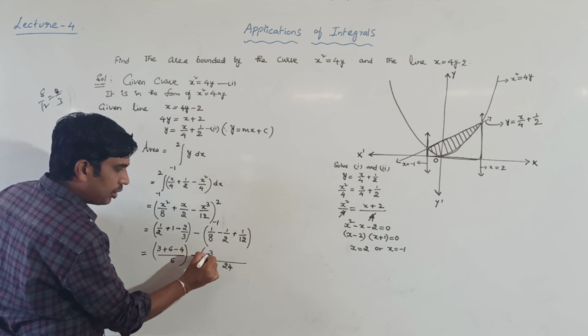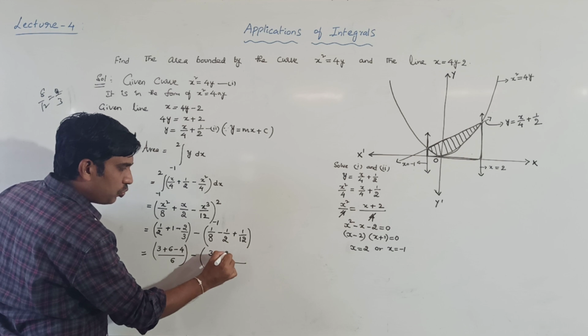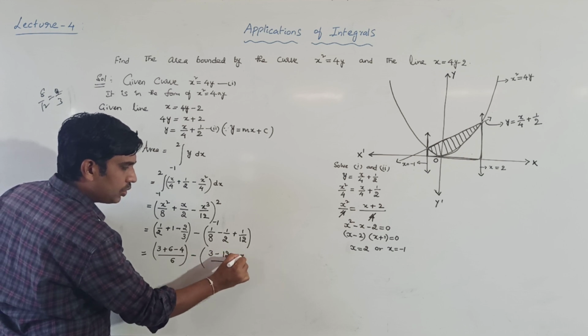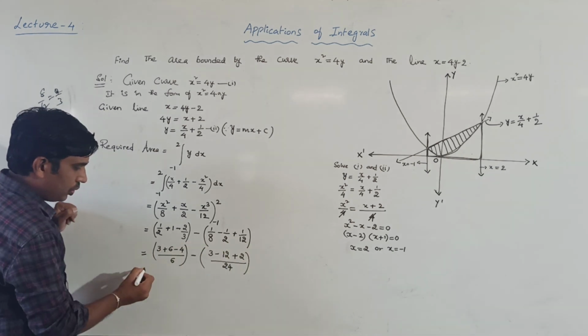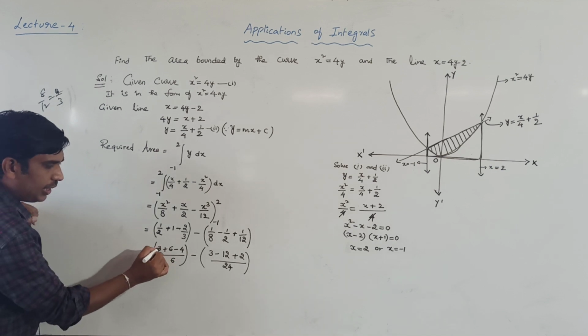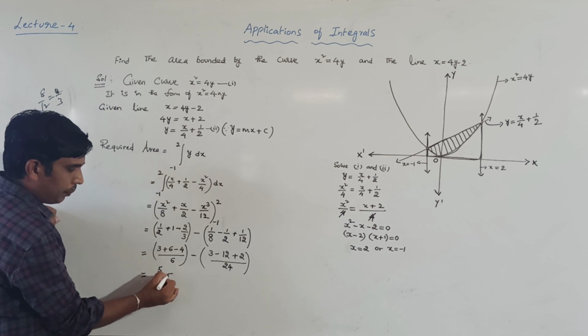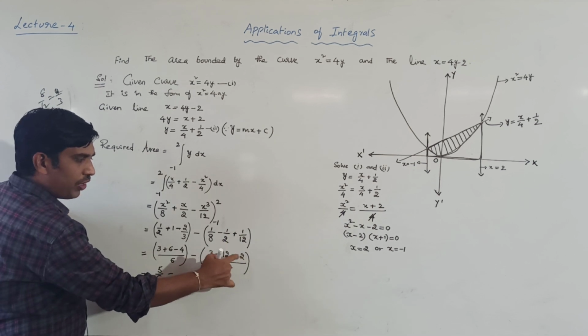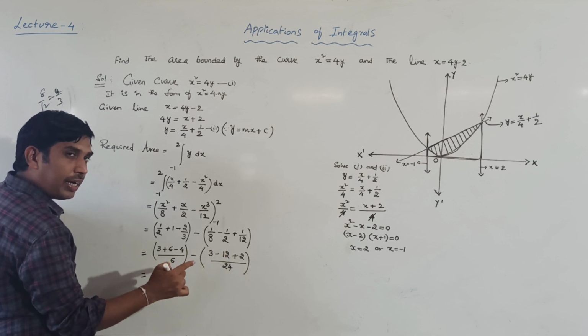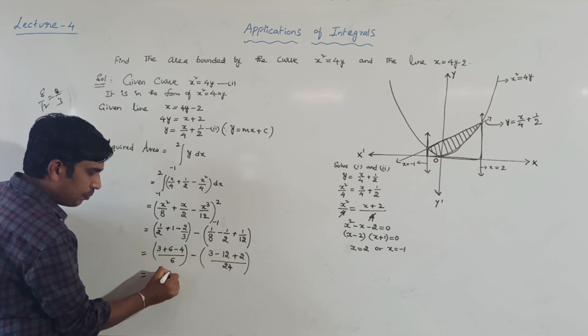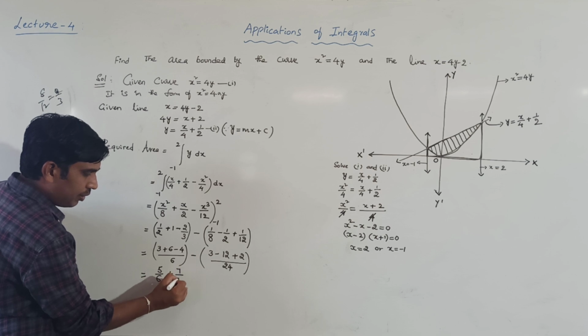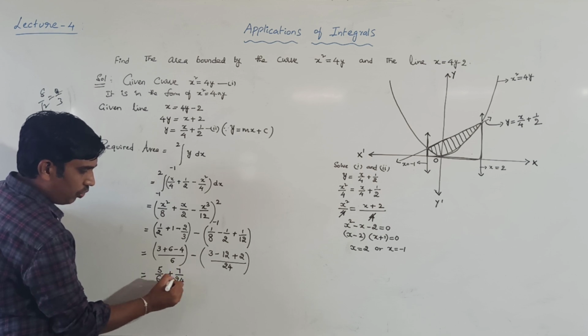So what will we get here: 3 minus 12 plus 2. So therefore we get 9 minus 4, nothing but 5 by 6, minus 3 plus 2 is 5, 5 minus 12 is minus 7, minus of minus is plus 7 by 24.